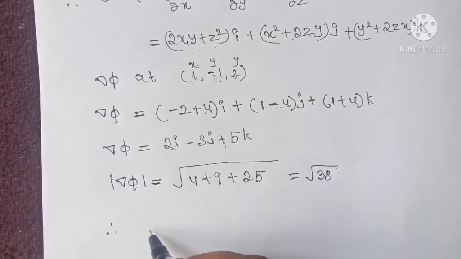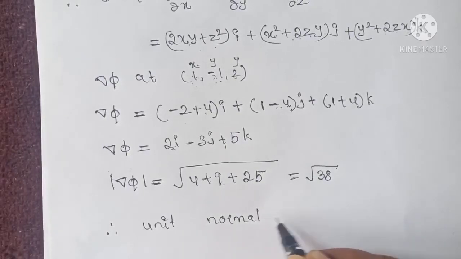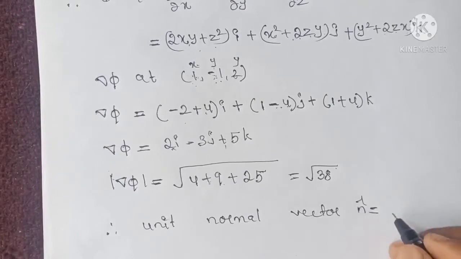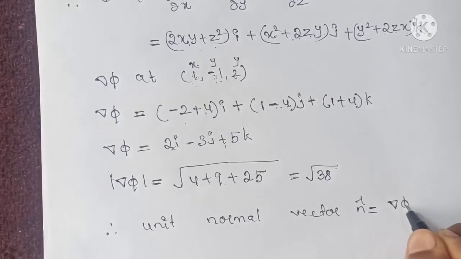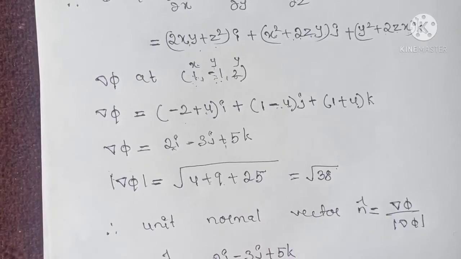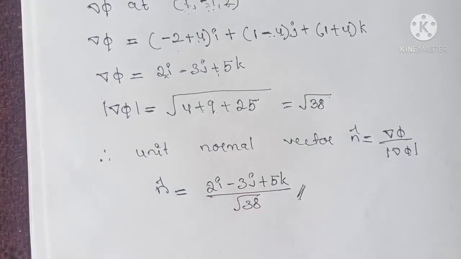Therefore the unit normal vector, that is n cap, is equal to del phi divided by mod of del phi, which is equal to 2i minus 3j plus 5k divided by root 38. So this is the required answer.